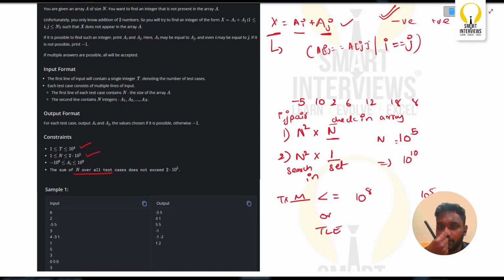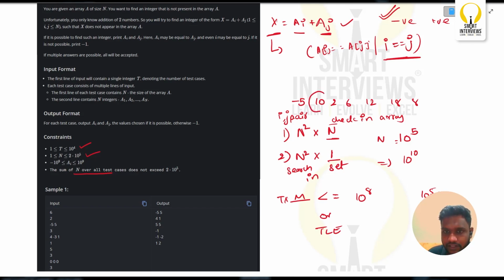But how do we solve the question? How do we get our answer of a missing value from the array in less than n squared time, possibly n time? Now, the question also says that i can be equal to j.